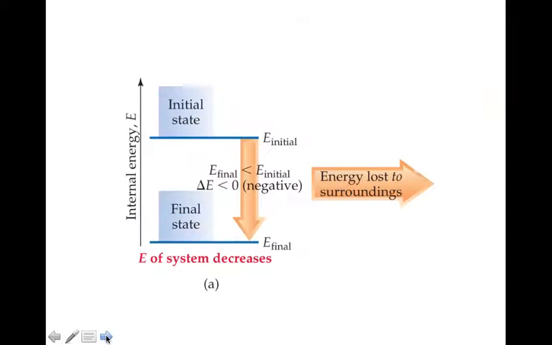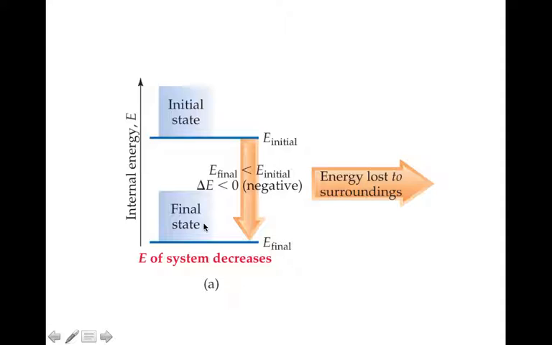Okay, so let's go ahead and look at what some of these diagrams mean. This is the internal energy of a system, so this is an energy diagram. Here's your initial state, whatever state your molecules are in at the beginning. Taking, for example, hydrogen and oxygen, you could think of this as the energy when they're just reactants.